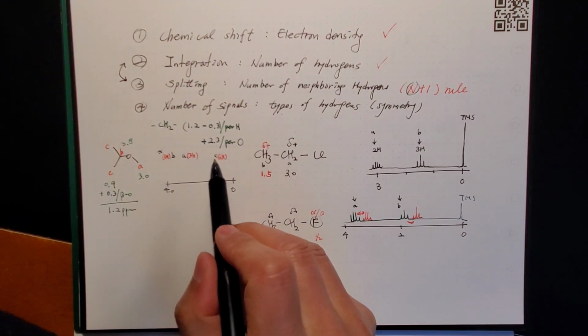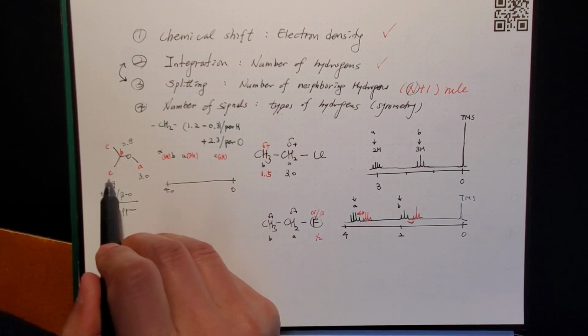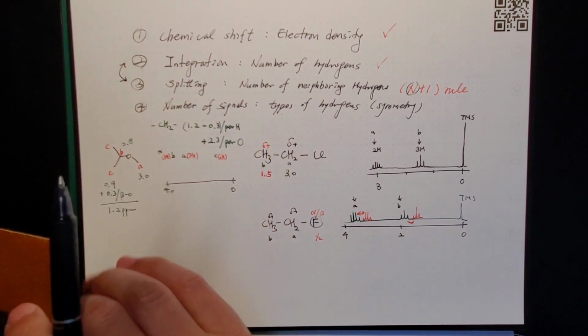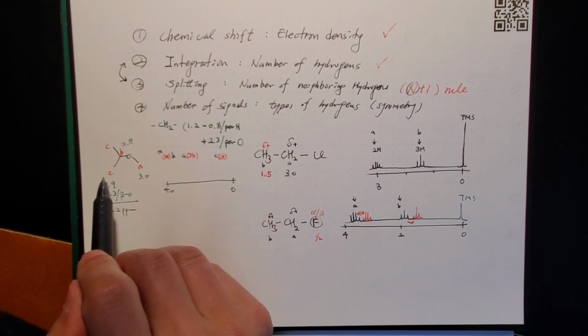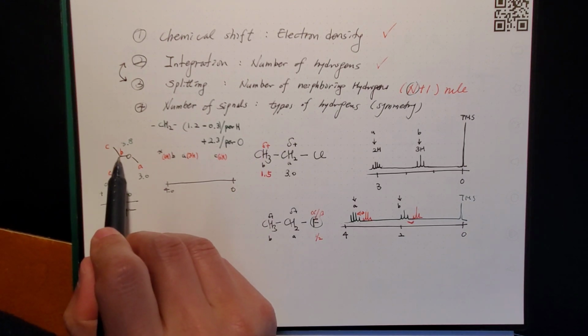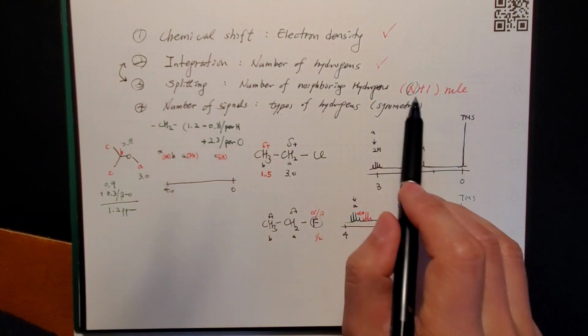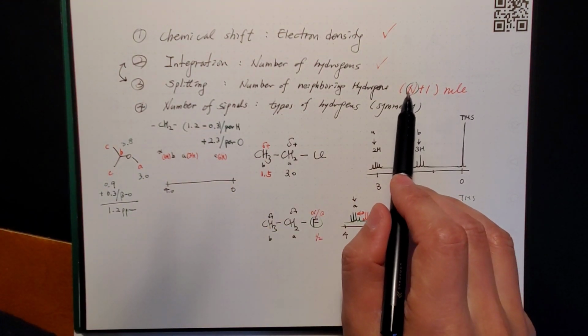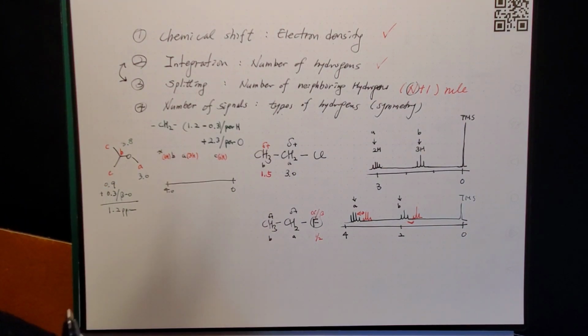Therefore, let's tackle C. How many neighbors does C have to think about splitting? C has only one neighbor, right? So the C, according to the n+1 rule, one neighbor, so C must be a doublet.